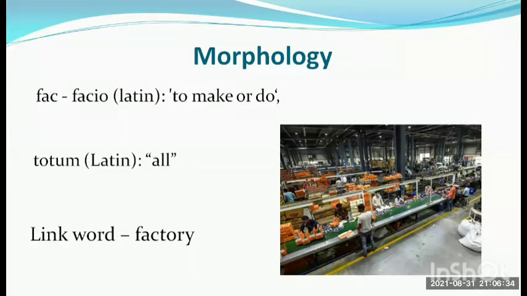So you can relate this word to factory, because factory is a kind of place where a variety of jobs occur. You can imagine that in a factory many people are there and they are doing a variety of jobs. That's how we are making another connection with this word.